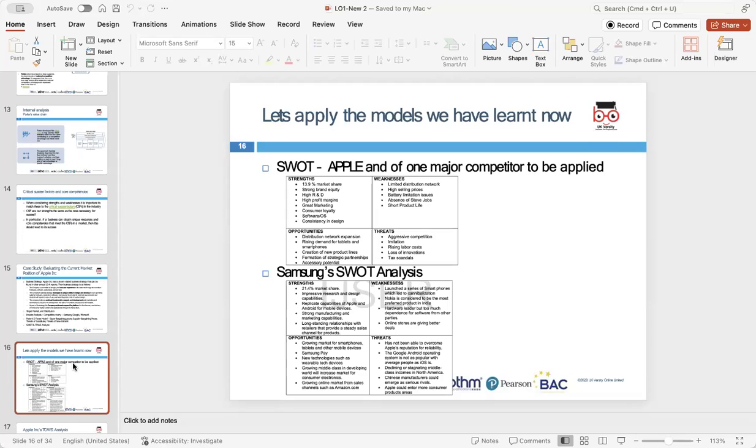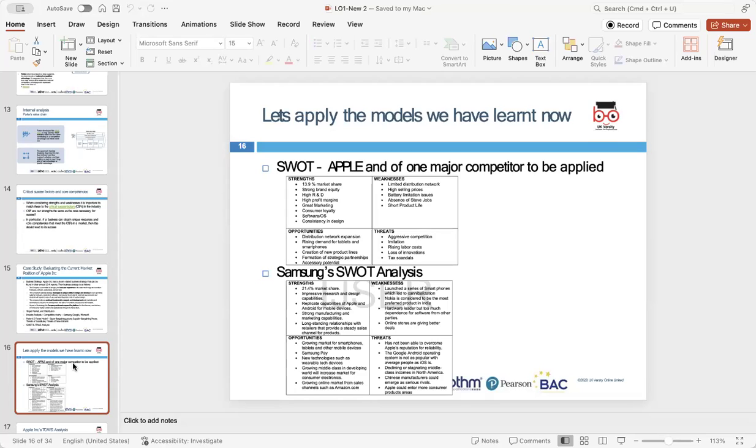High research and development, high profit margin, great marketing. I mean that effective marketing strategy enhances the company's visibility and consumer engagement, consumer loyalty. You might have an Apple and you want to buy again.